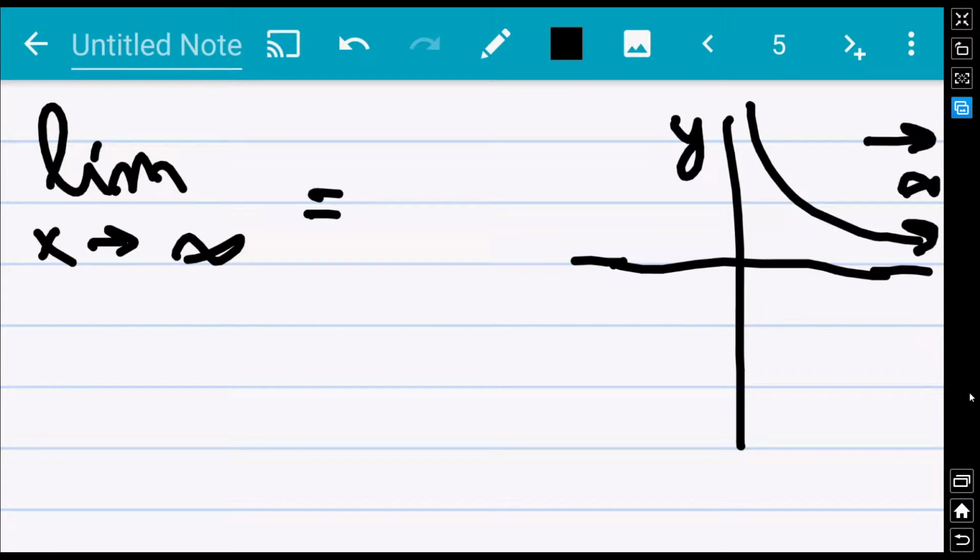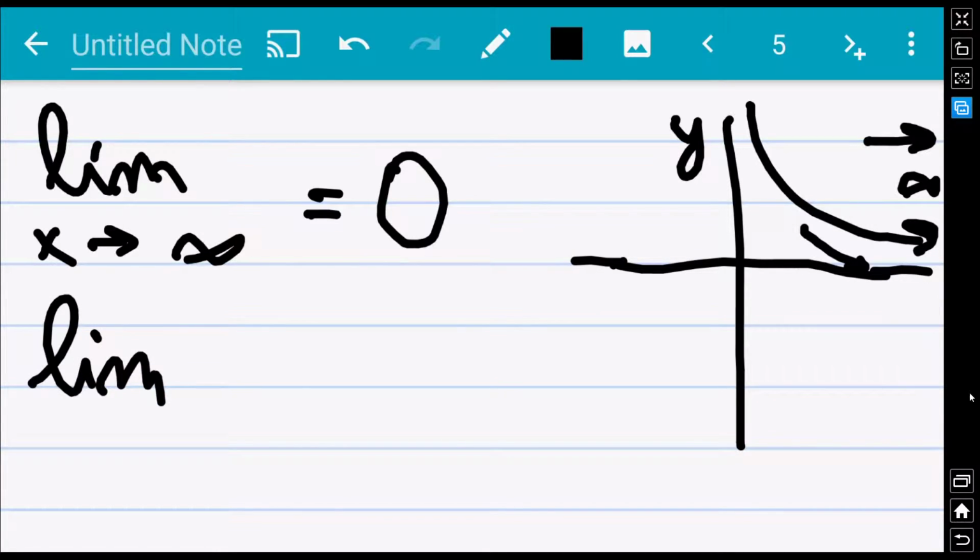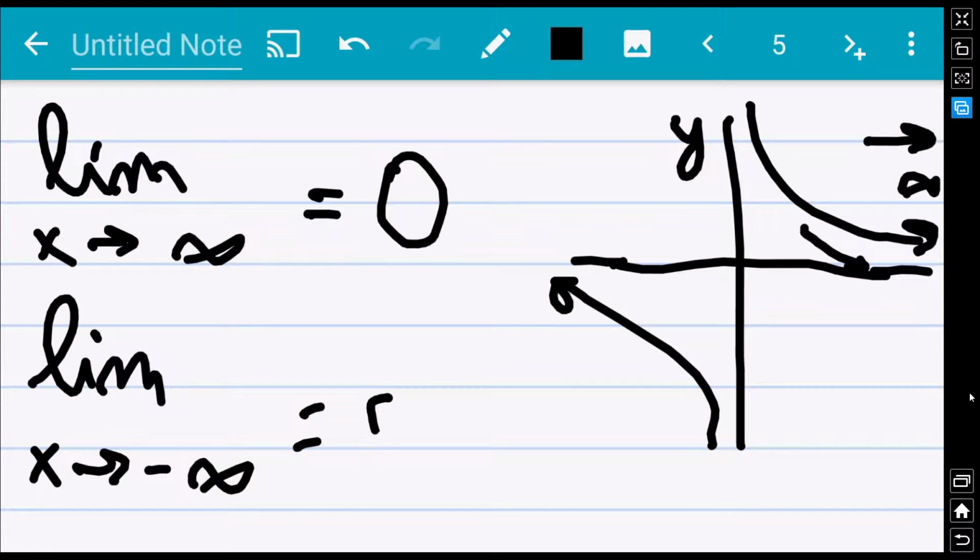Our y value goes really close to 0. So that means limit as x approaches infinity is 0. Now limit as x approaches negative infinity, what is it? Well, it is also equal to 0, because it gets really, really close to 0.